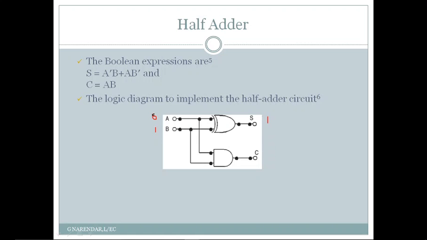Similarly, these two are also the inputs of the AND gate, and when 0 and 1 are the inputs of the AND gate, the output is 0. So when I add 0 with 1, the circuit gives me a sum of 1 and a carry of 0.